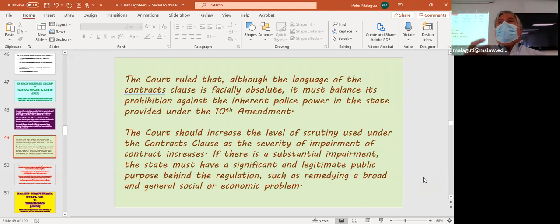What's constantly going on here, you're going to see this for the rest of the course, is we're going to be balancing the right of the individual against the right of the government, okay? The right of the government is usually a police power type right, the right to pass laws dealing with health, safety, and welfare. But sometimes those laws rub up against individual rights, okay?